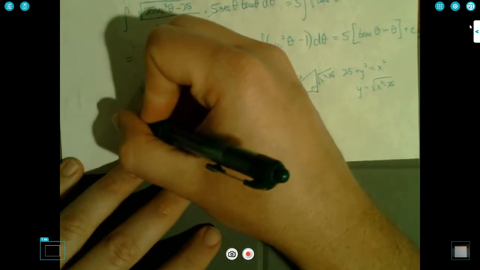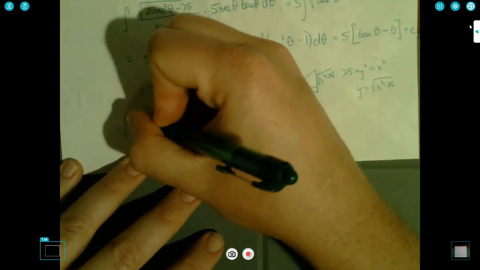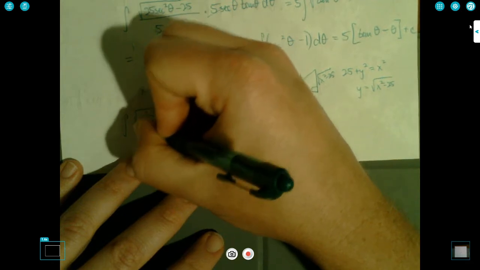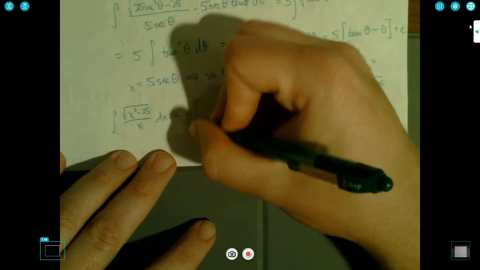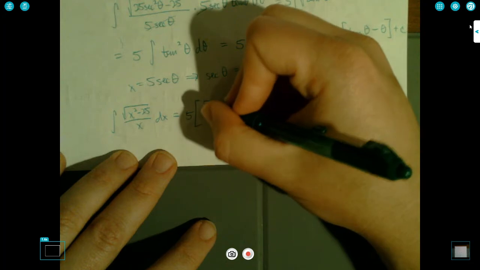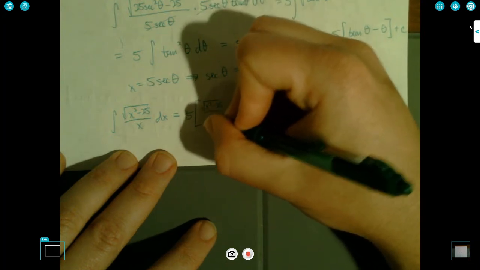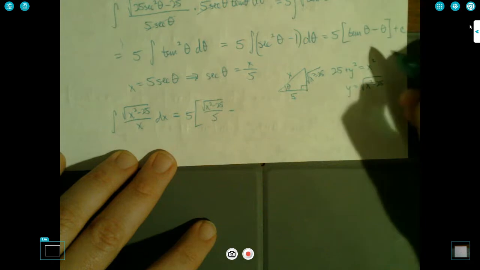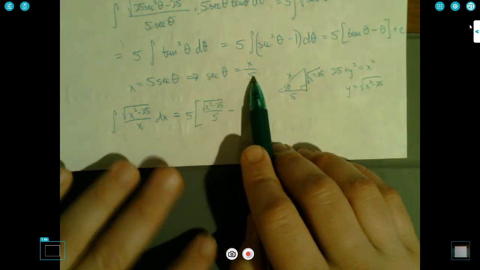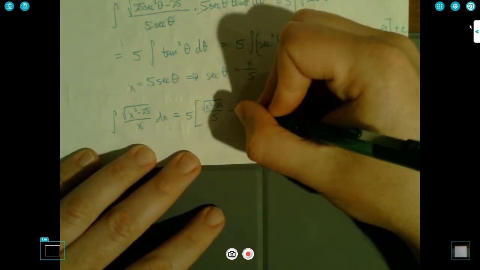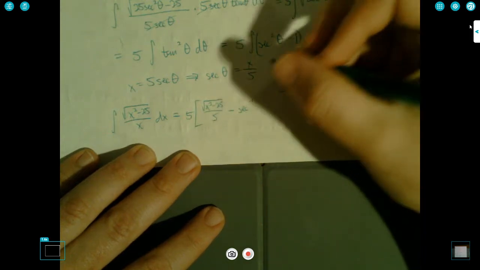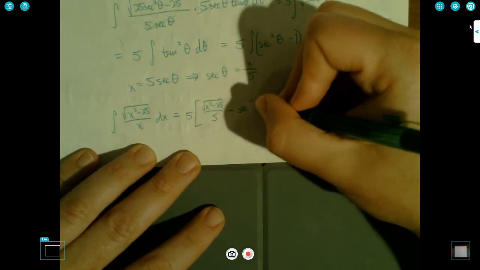So my integral, square root of x squared minus 25 over x dx, is 5 times tangent theta, which is root x squared minus 25 over 5, minus theta. Theta would just be secant inverse of x over 5.